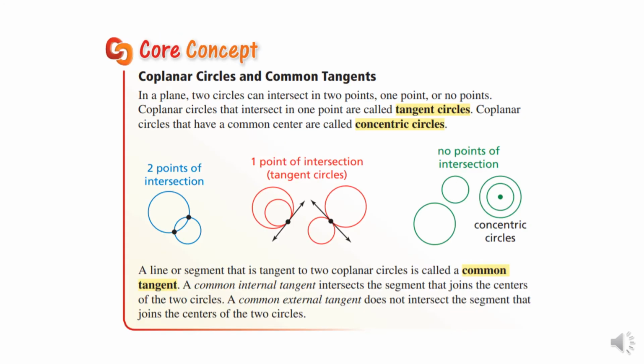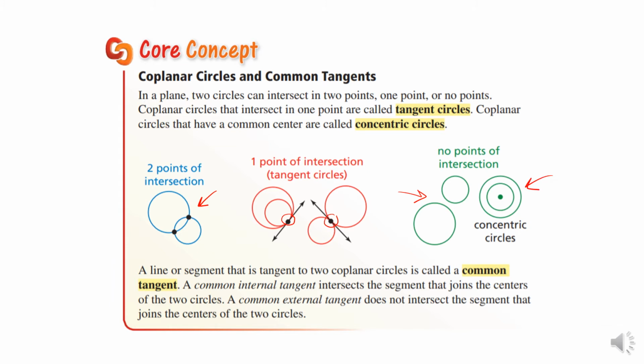Okay, so coplanar circles and common tangents. In a plane, 2 circles can intersect in 2 points, no points, so here we have no points of intersection, or 1 point, where they share a point of tangency. Coplanar circles that have a common center, like this, are called concentric circles.